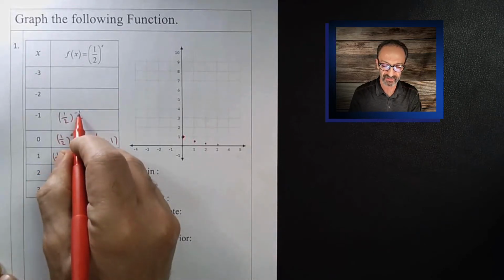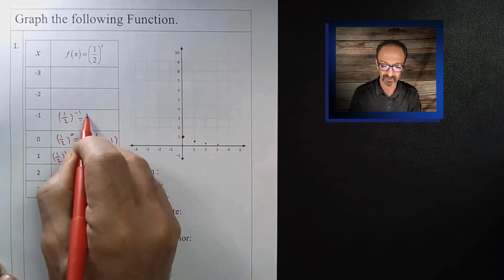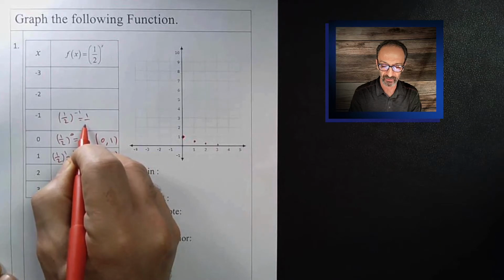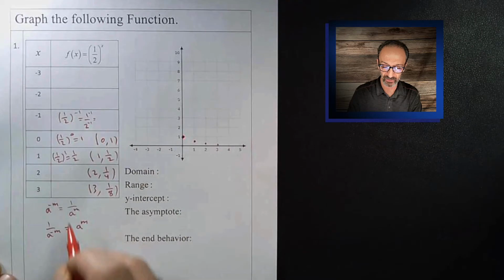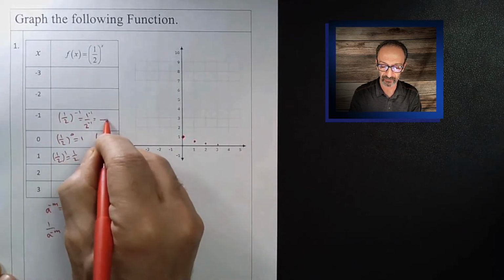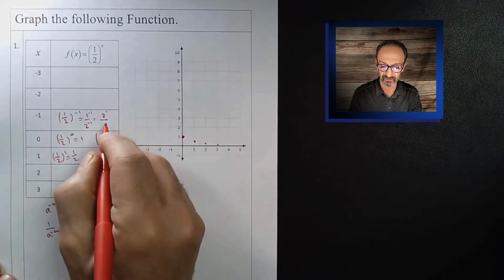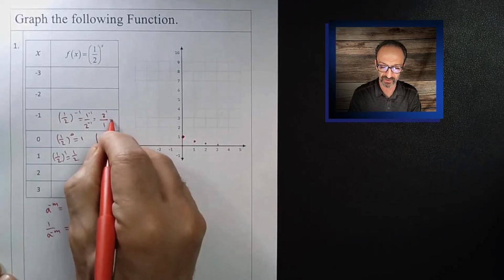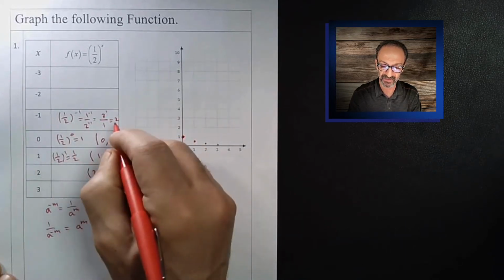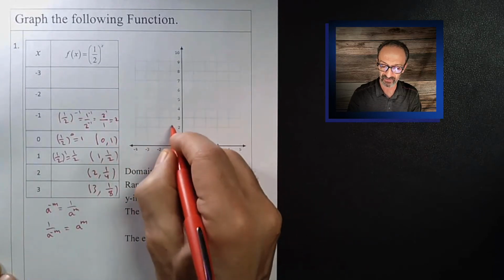So by applying -1 to both, 1/2 to the power -1 changes using these rules to 2 to the power 1 on top and 1 to the power 1 at the bottom, which is 2. So -1 takes me to 2.